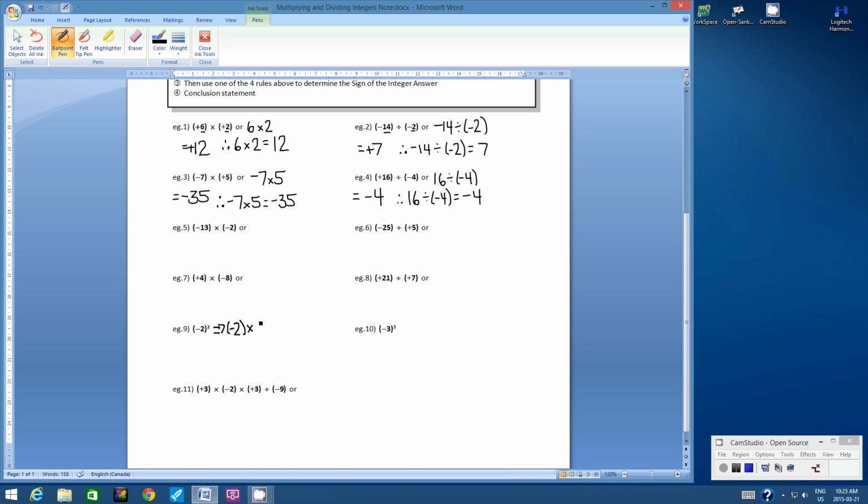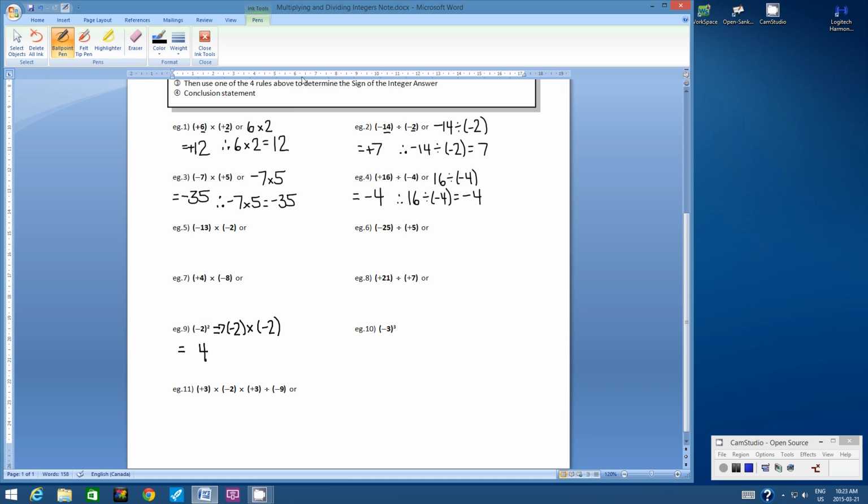times negative 2. Now remember, it's not negative 2 times 2. It's negative 2 multiplied by itself twice. So as long as you remember that, then the rest is very easy. Okay, so if we ignore the signs, we have 2 times 2, which is 4. And then we have a negative times a negative.